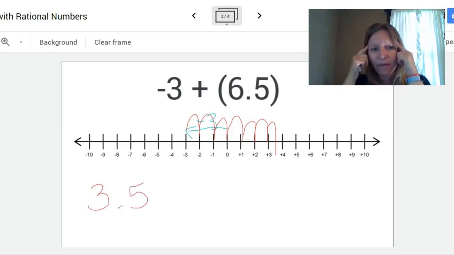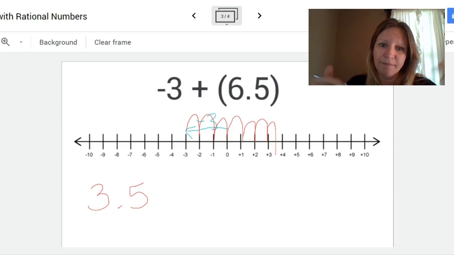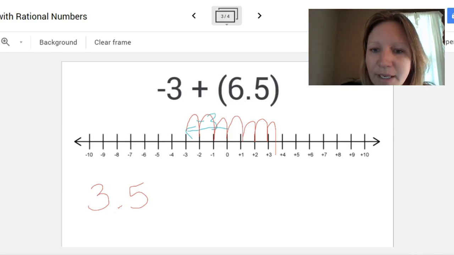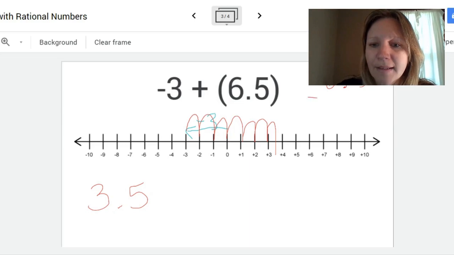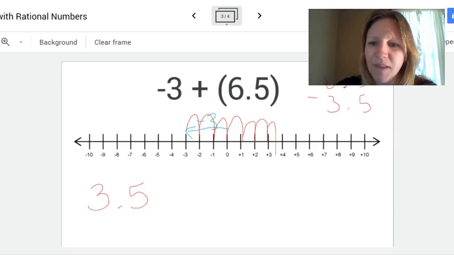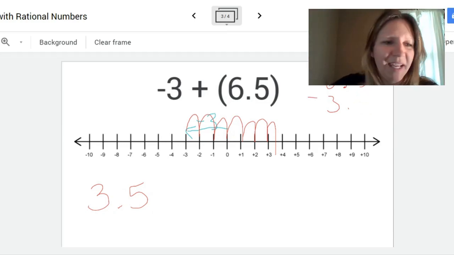Okay, so let's think about the rules that your teachers taught you. Again, these are opposite sign numbers, so we're going to subtract. Now that's going to look a little funny because we have 6.5, but since we're subtracting decimals, we have to remember to line up the decimals. 6.5 minus 3.0.